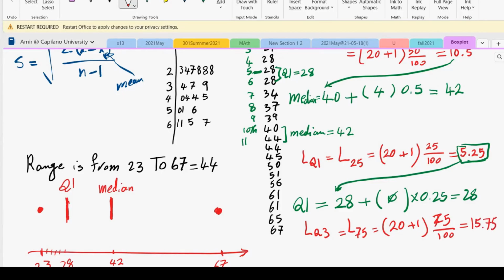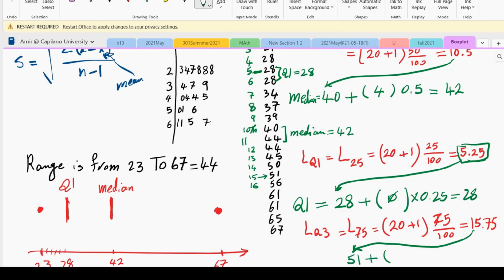Very good. So now we have to find the 15th observation, but we are not really interested in the 15th observation. We are interested in something between the 15th and 16th observation. So let's find it. This is the 11th, this is the 12th, 13, 14, 15, 16. So the 15th observation is 51.